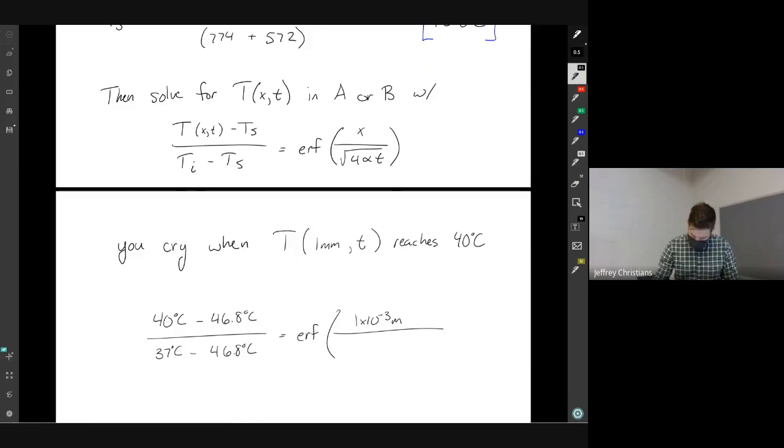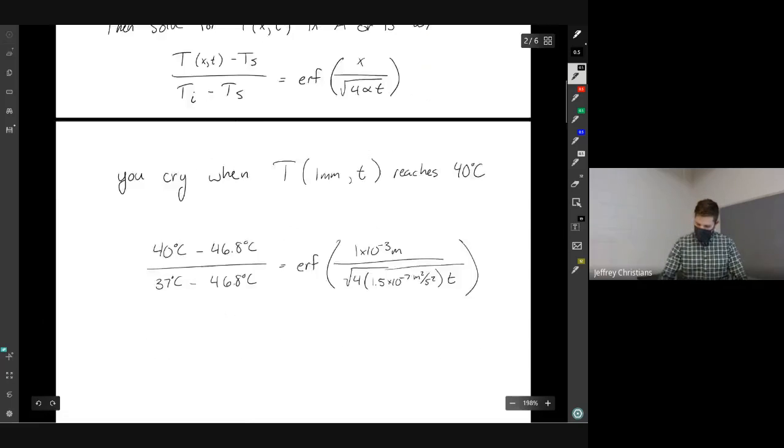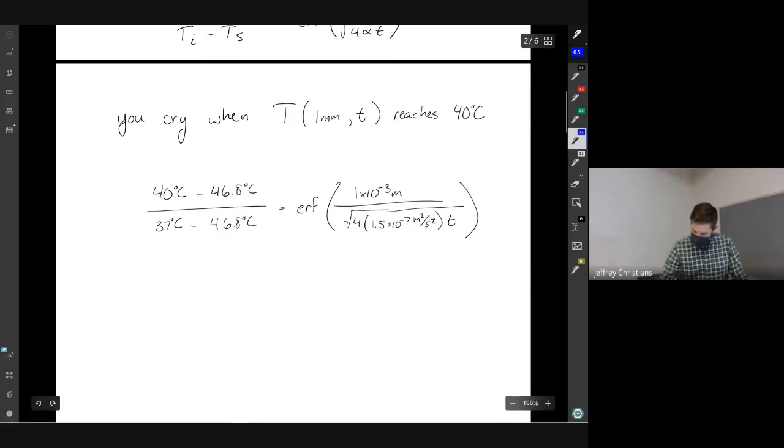And then it'd be the square root of 4 times alpha, which is 1.5 times 10 to the minus 7 meters squared per second, times t. That's all under the square root.